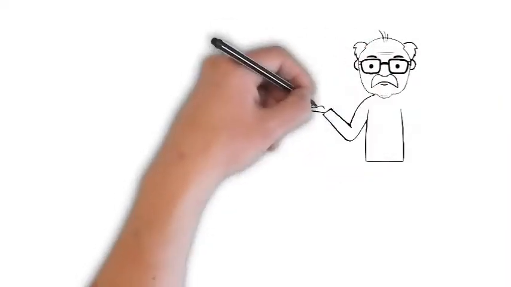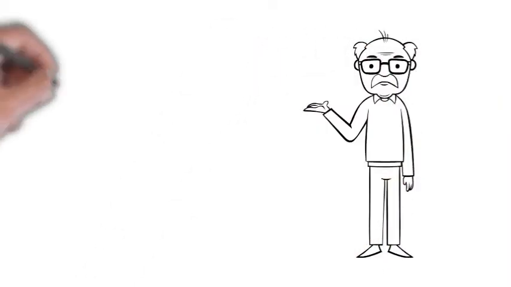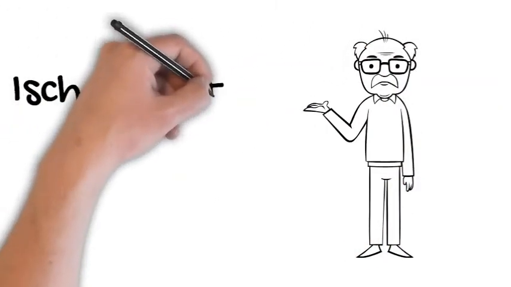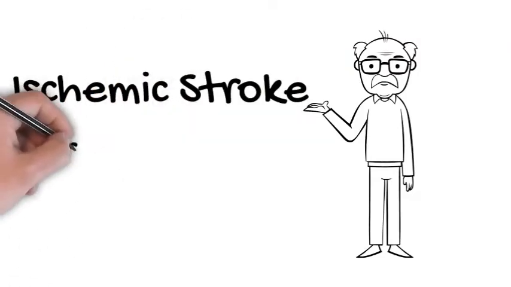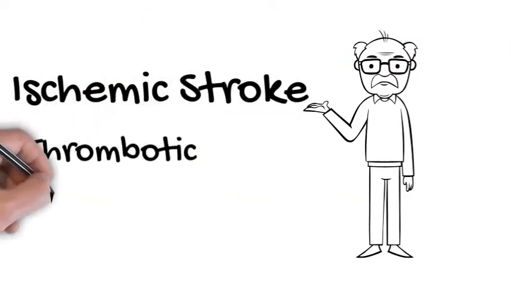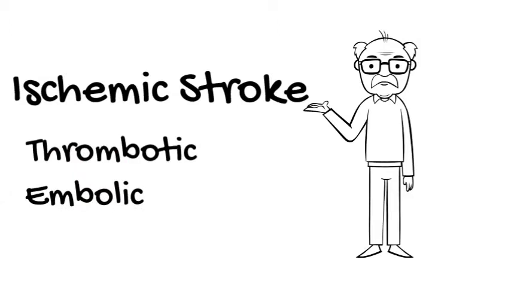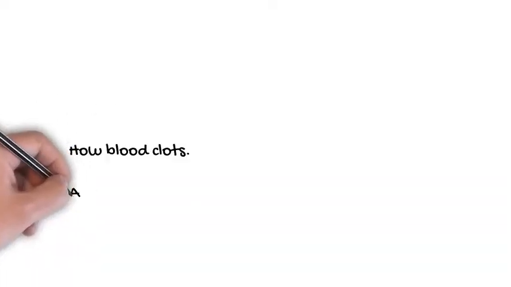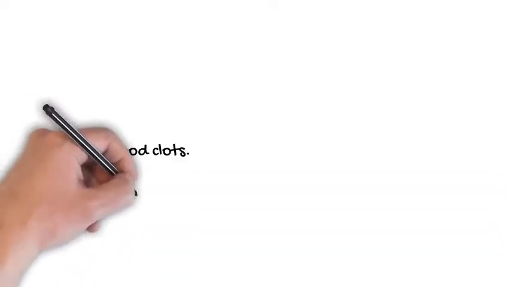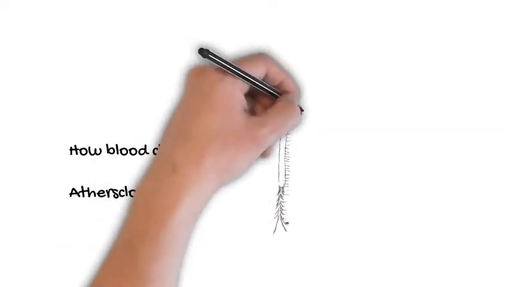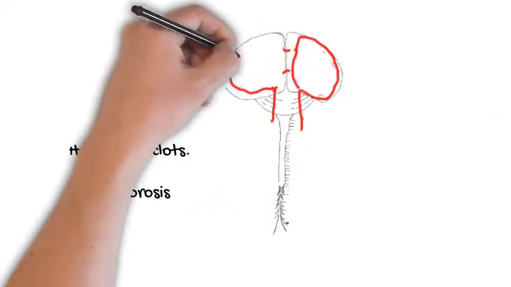In this video, I'm going to be talking mainly about the ischemic strokes. The ischemic strokes are caused by either an embolism or a thrombosis. We can't talk about the pathology of a stroke without talking about how blood clots, or talking about atherosclerosis and how those things affect the cerebral vessels.